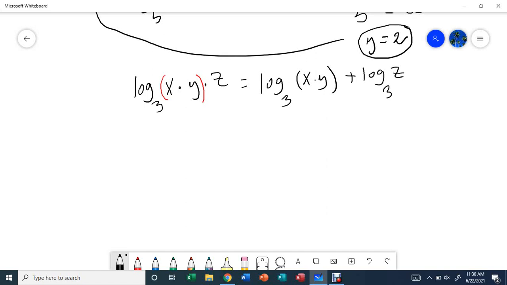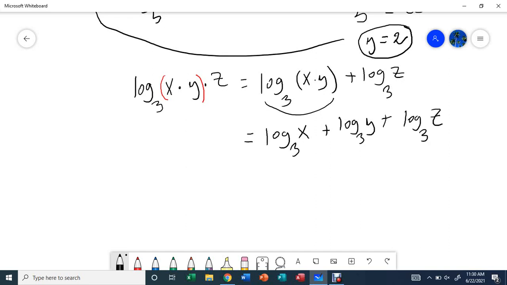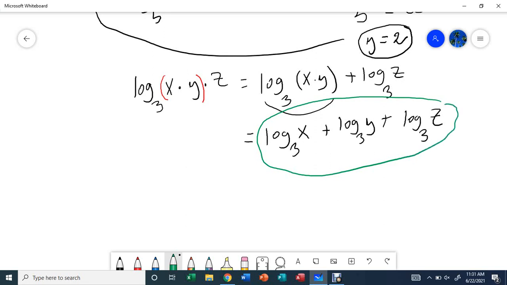And now I'm gonna use the same rule here because I have x times y. So it's gonna be log base 3 of x plus log base 3 of y plus log base 3 of z, and that's my final answer here. So I express everything just as the sum of log of x and log of y and log of z.